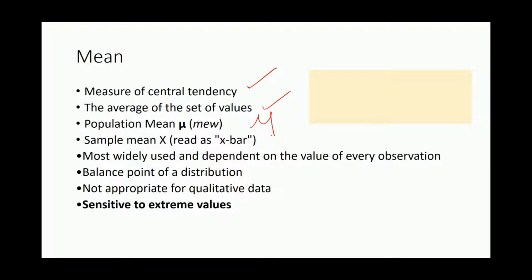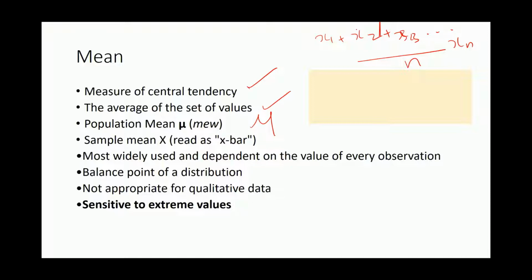It is the most widely used and dependent on the value of every observation. As I told, for the calculation of mean, we are taking x1 plus x2 plus x3 up to xn divided by n. So we are including all the values.